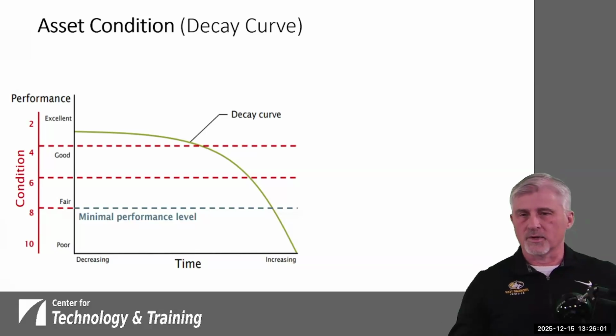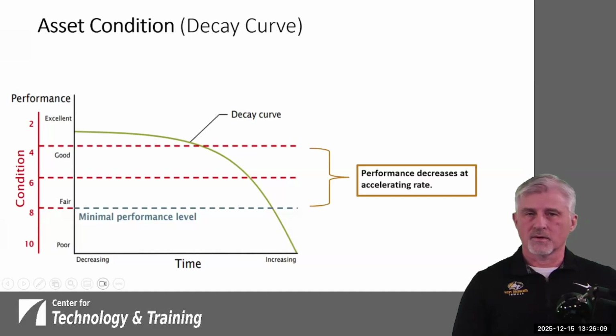And this is probably a little bit more realistic. This is a decay curve when we're looking at asset condition. With this, our performance is decreasing, and at a certain point it decreases at a higher rate along this curve. So we're going along through time, and it's operating pretty well, and then all of a sudden it's going to just start to drop off.